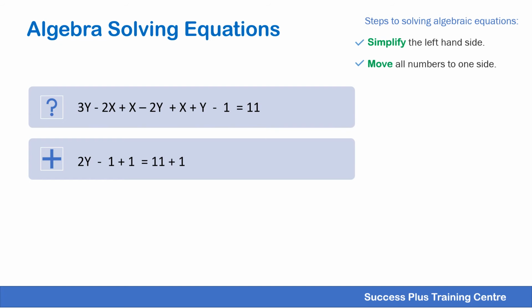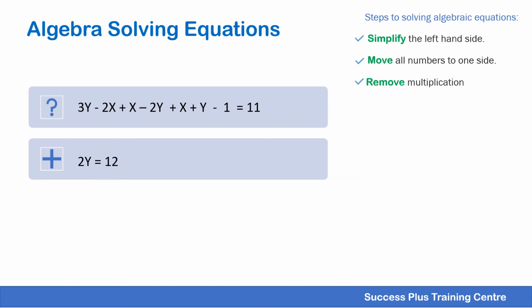So I need to use the addition, and I need to add 1 to both sides. This leaves me with 2y equals to 12. The next step is to remove multiplication. So I need to divide by 2 on both sides. Dividing by 2 from both sides leaves you with y equals 6.